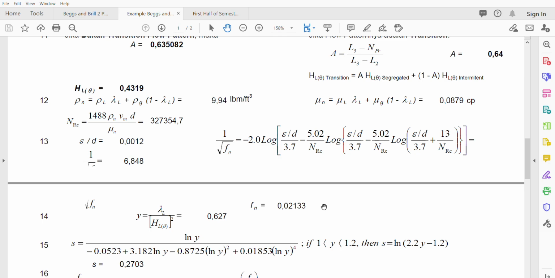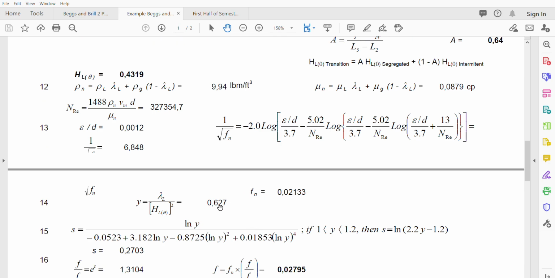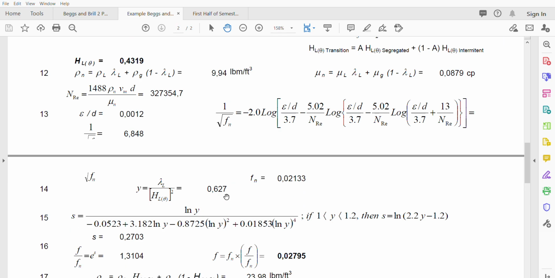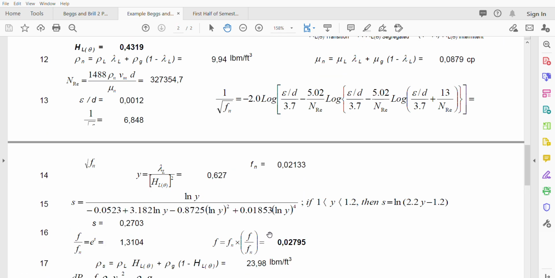It's impossible for it to be more than 1. Or it's too small, 0.0001 is too small. So around this number, remember that. And then we calculate y. For y, we have an s, and then we have an f corrected from this one to become this one.